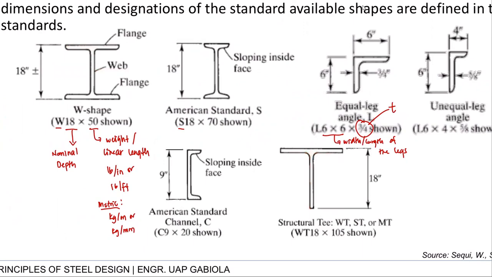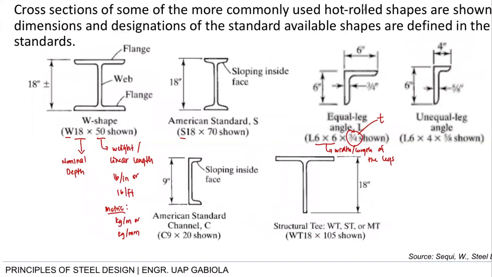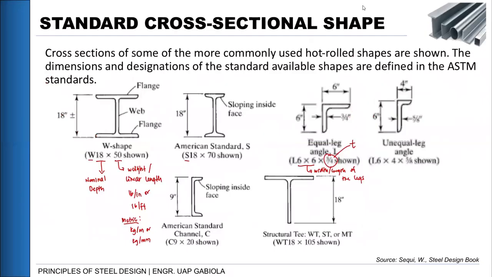So meaning if you cut this section exactly in half, you will have the property for a structural T. So when we say WT18 by 105, you are also suggesting that originally, in the code, there is a W-shaped section that exists that has a dimension of W36 by 210.